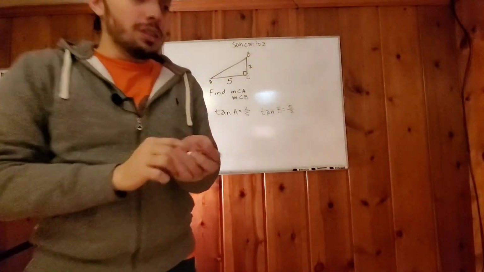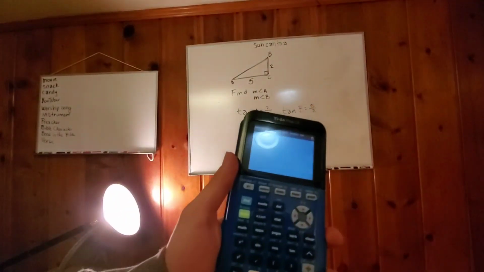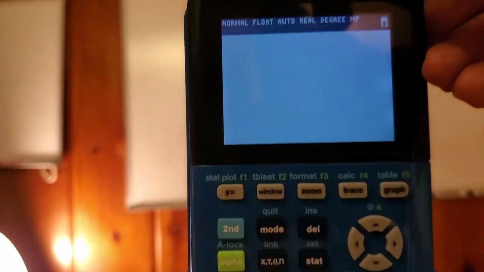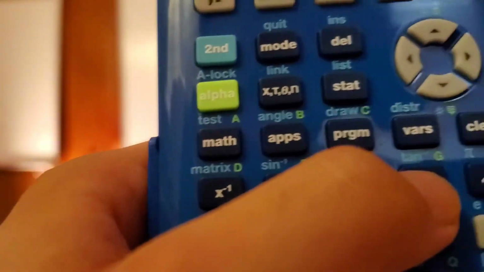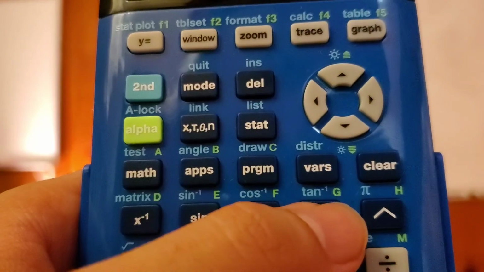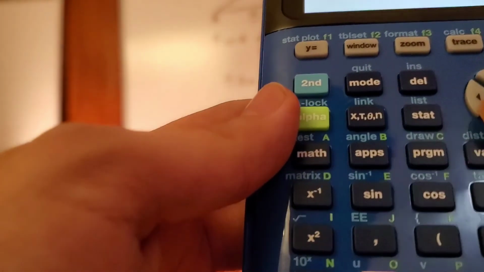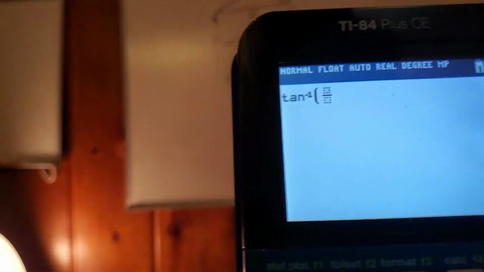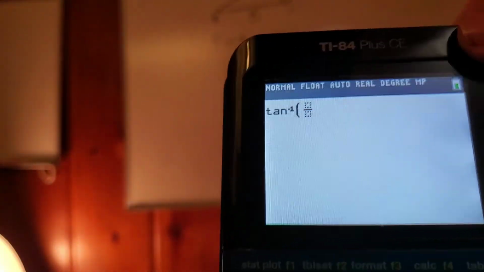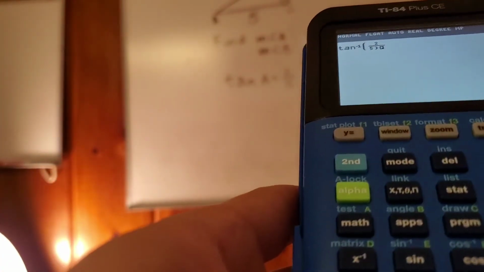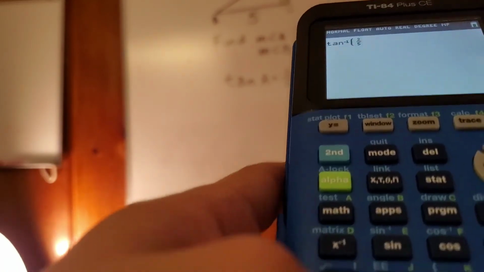Now we're going to go back to our handy dandy calculator. All right, we're going to go to tangent. And as you can see above tangent, we have the tangent -1. So second tangent. And then let's put the little fraction thing that's fancy, because now people will be like, you know how to use a calculator. It's going to be 2 over 5. Oh, I could have just put 0.4. I'm going to do that for the next one.